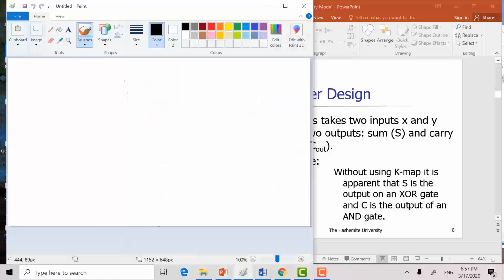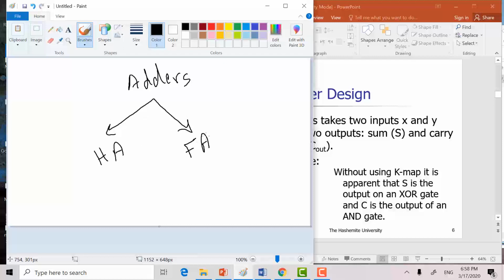Basically, the adders can be classified into half adder and full adder. And those are the adders that add one bit, one single bit.